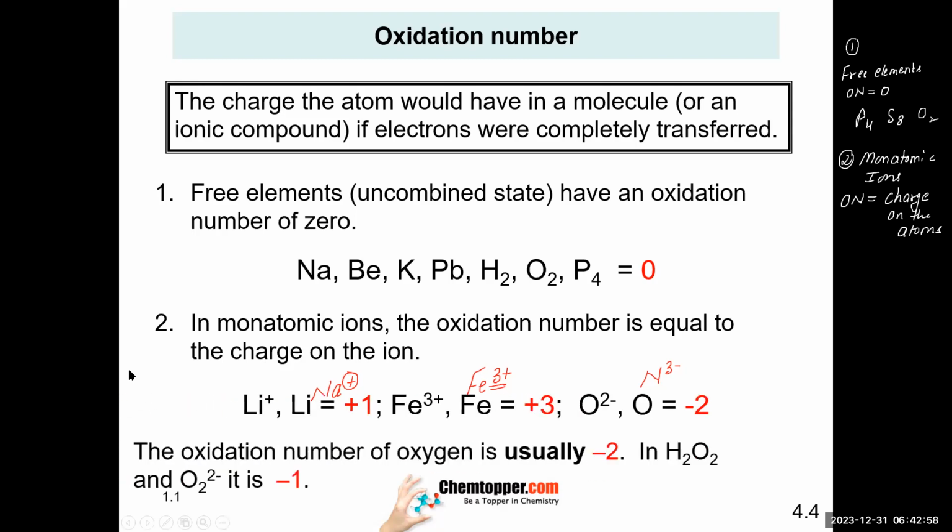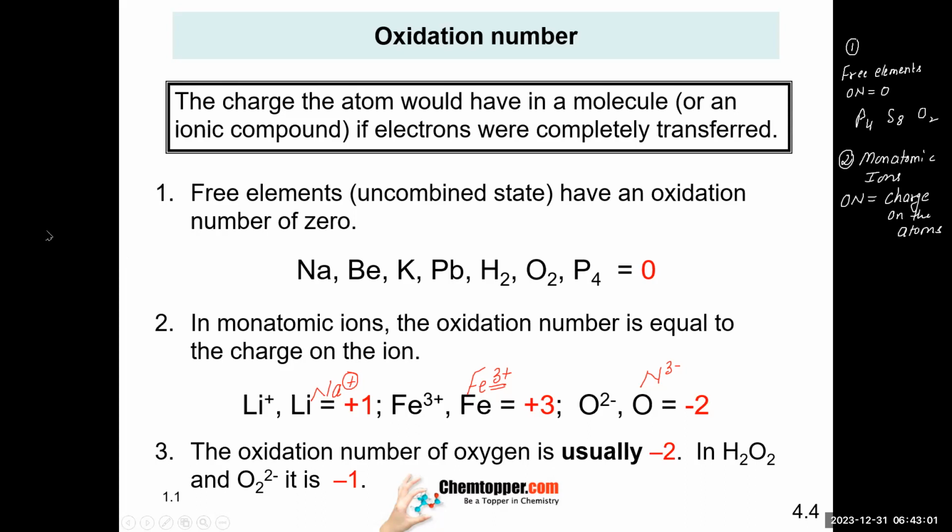Rule number 3 is for oxygen. I'm writing here oxygen. If your compound is an oxide, like sodium oxide or magnesium oxide, then the oxidation number is -2, which you already know from the periodic table, that oxygen can gain only 2 more electrons, right?